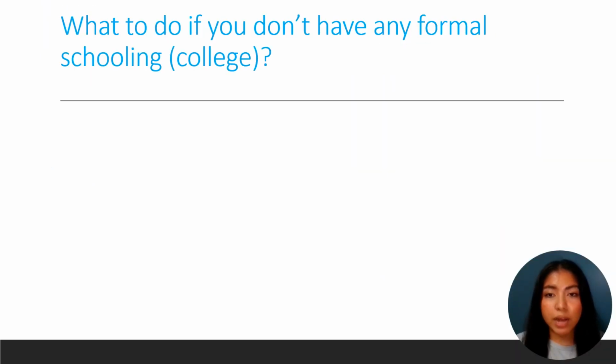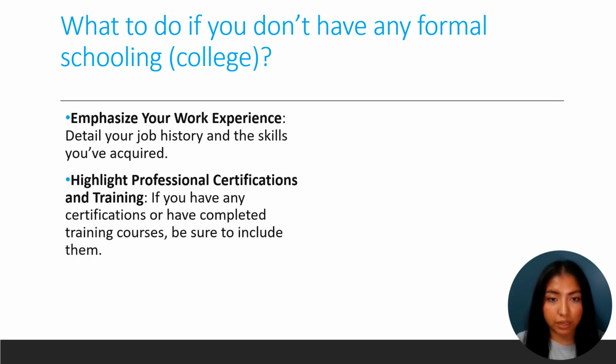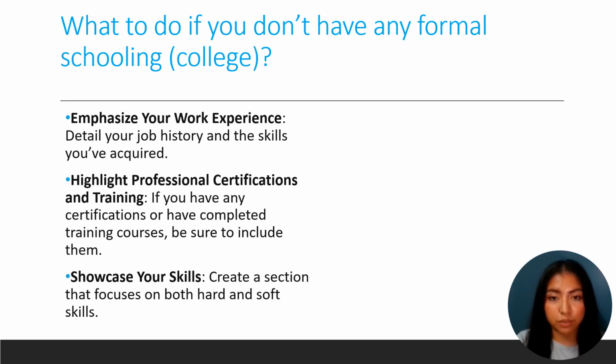Now, if you don't have any formal training or formal schooling like college, that's okay. We want to then emphasize your work experience. This includes detailed job history and skills that you've acquired while working. This can highlight professional certifications that you've accomplished through training courses, and when you include them, talk about what you've learned.